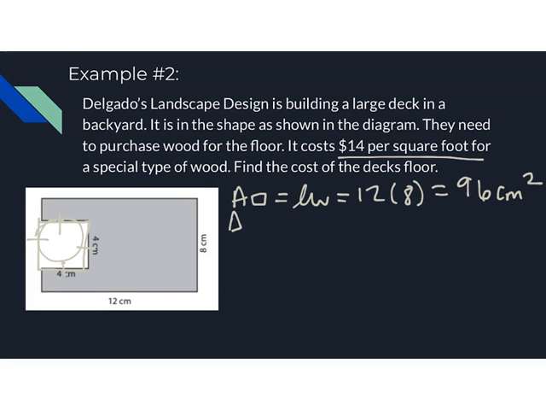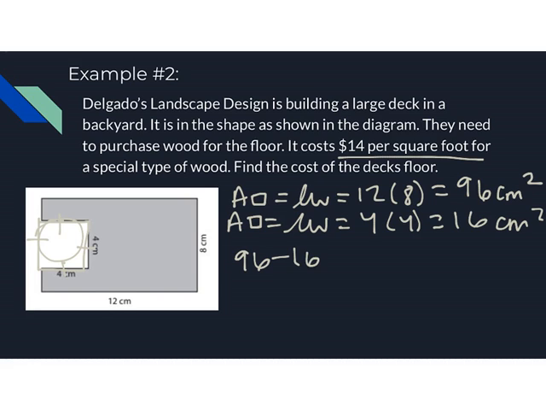If we find the area of a square, it's the same thing: length times width, so 4 times 4, which equals 16. Now we need to subtract out that 16 centimeters squared. So 96 minus 16 gives us 80 centimeters squared. Now we're going to take that 80 and determine the cost of this.